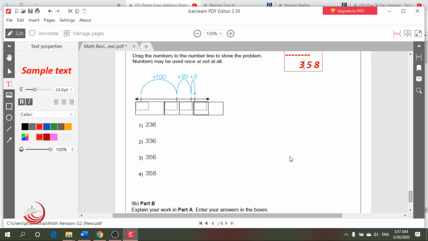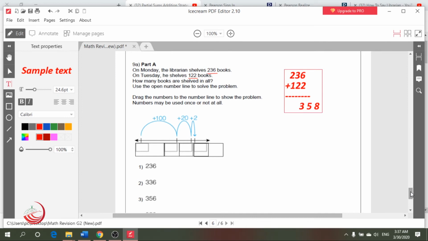And we said the open number line is a normal number line in which we can add numbers on. So the first thing that I should do, I will drag the first number, which is 236. So I will write here 236, and I will add on the 236 the two 100s, so it will be here 300.